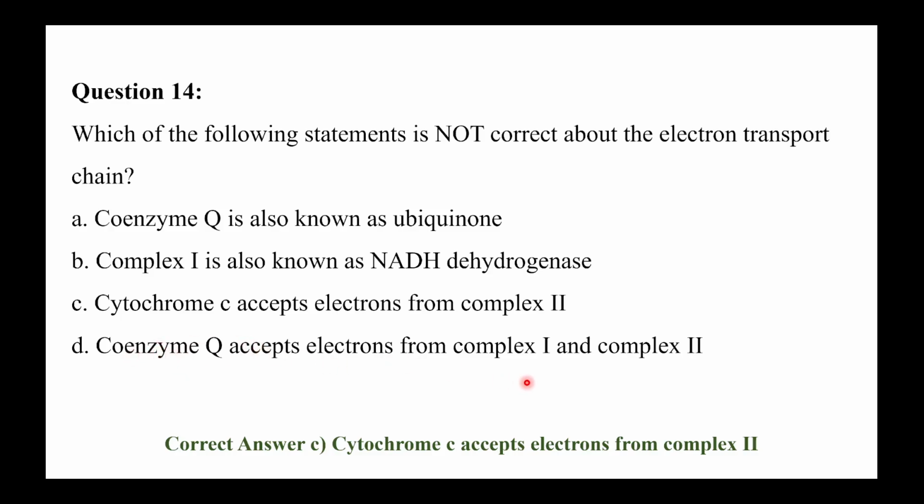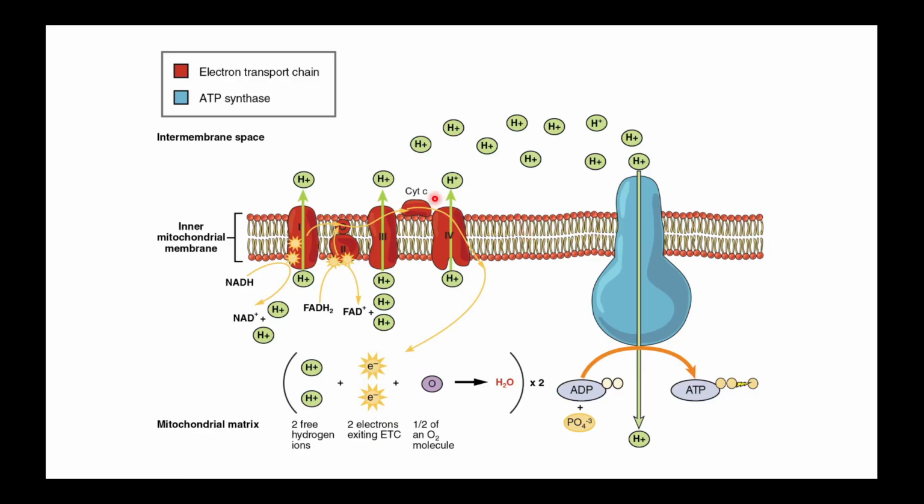Coenzyme Q accepts electrons from complex 1 and 2. Complex 1, I told you, is called NADH dehydrogenase, and coenzyme Q is also known as ubiquinone. Coenzyme Q and cytochrome C are known as electron carriers in the cell, and complex 1 and complex 2 are enzymes. Complex 1 is NADH dehydrogenase, and complex 2 is called succinate dehydrogenase.